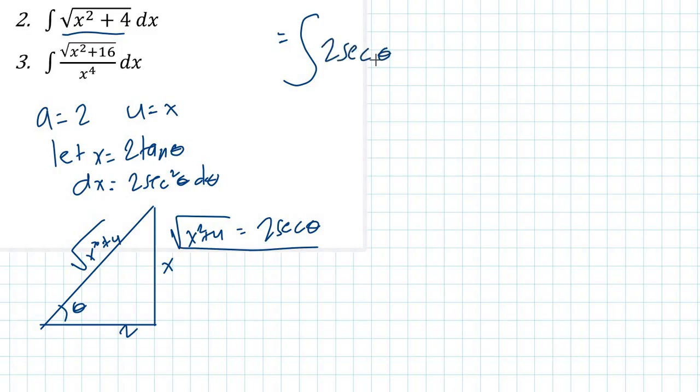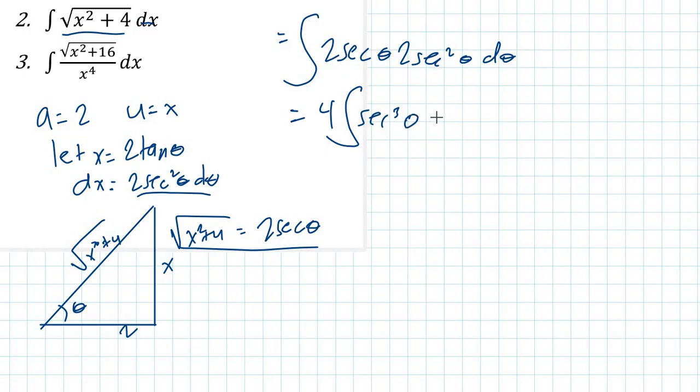The next one is dx, and dx is this. That's why we have 2 secant squared theta d theta. So if we're going to factor out the 2, that's 2 times 4, then combine everything here, that's secant cube theta tangent theta.